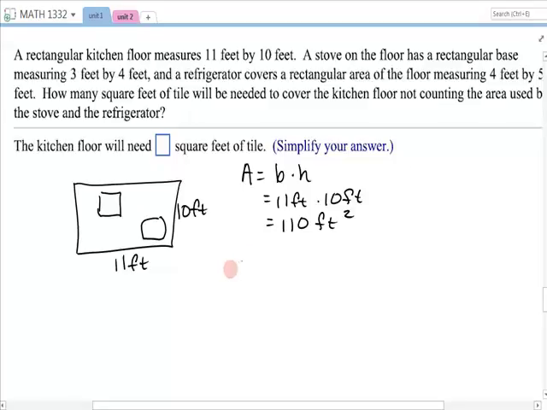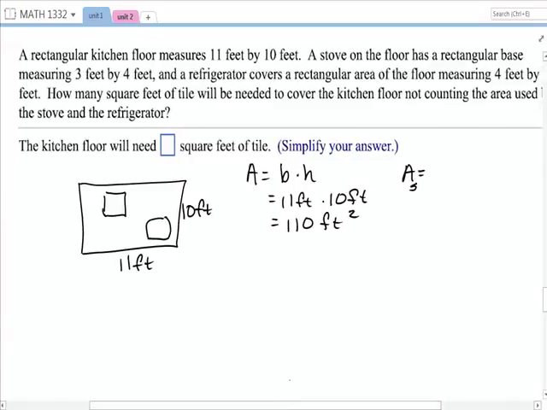So what's the area of the stove? I'll put an S by it. Yeah, it's 3 by 4. So it's base times height. It's 3 feet by 4 feet, which is 12 feet squared.